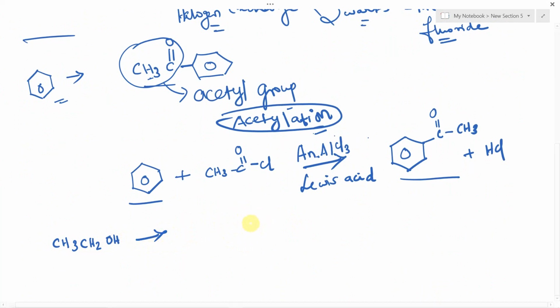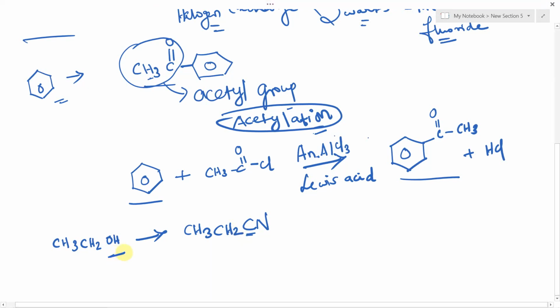Nitrile in the sense there should be CN. Cyanide is otherwise called nitrile. Propane in the sense there should be 3 carbon atoms. 1 carbon atom is already here. So we can write CH3CH2CN. So this is propane nitrile, right?